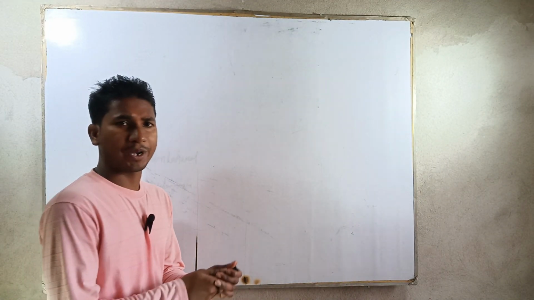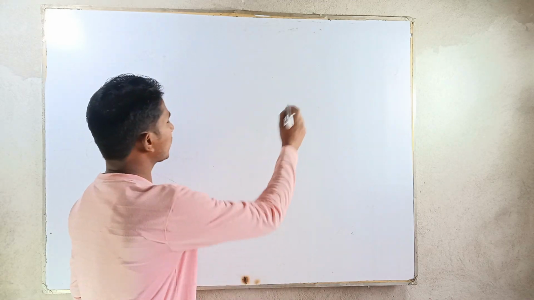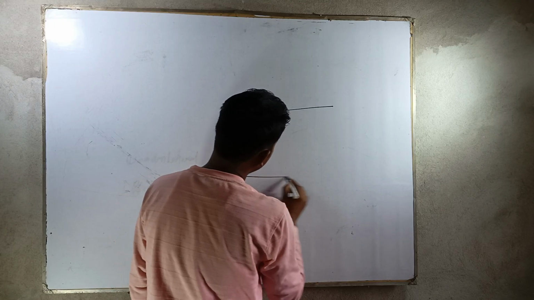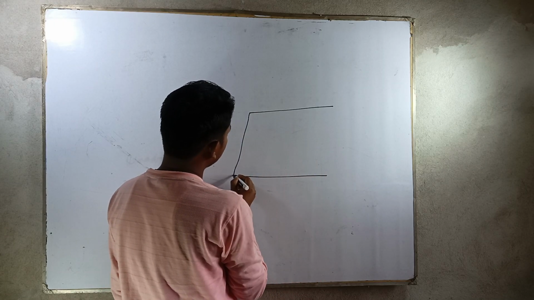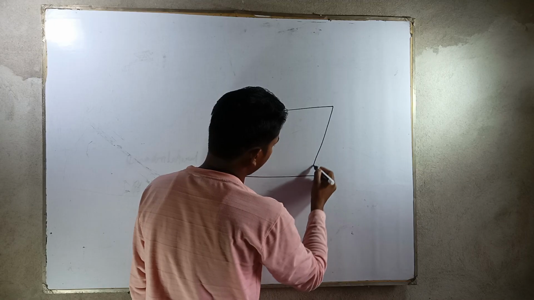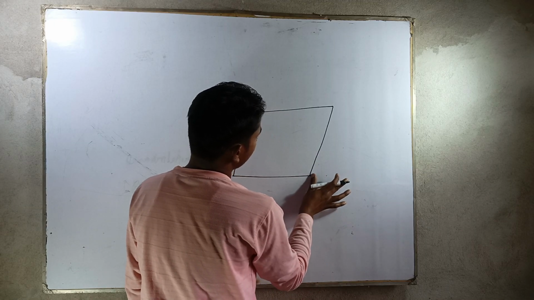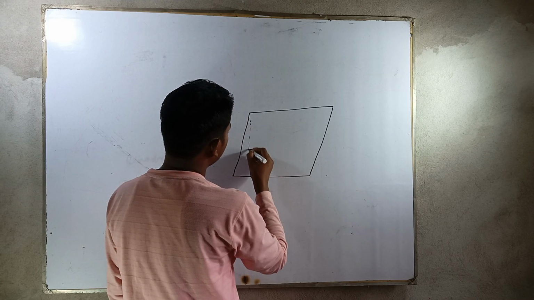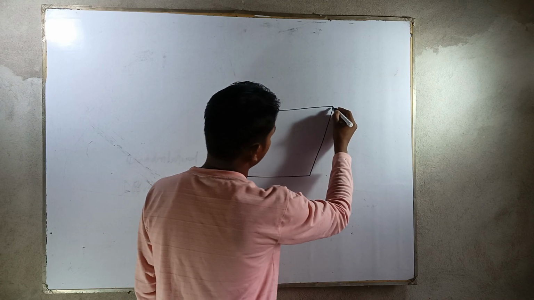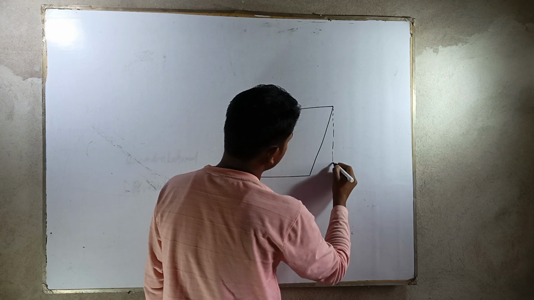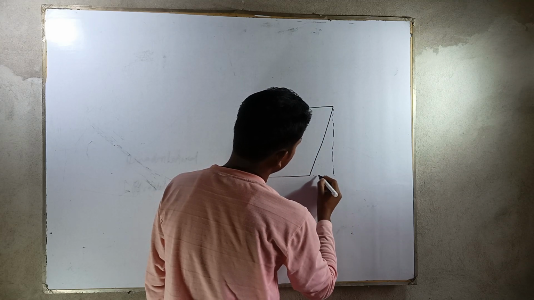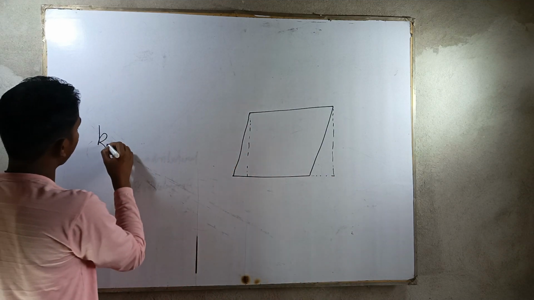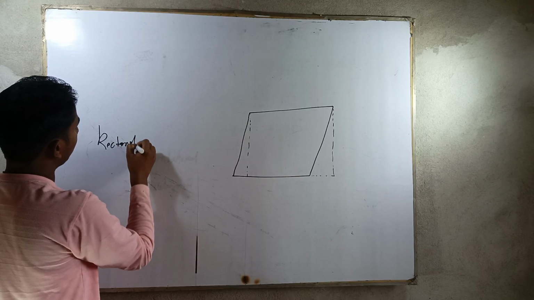Good morning everyone. In this class, I'm going to explain about a figure. Suppose I need to explain these things; this is a figure, and it is looking like a rectangle.